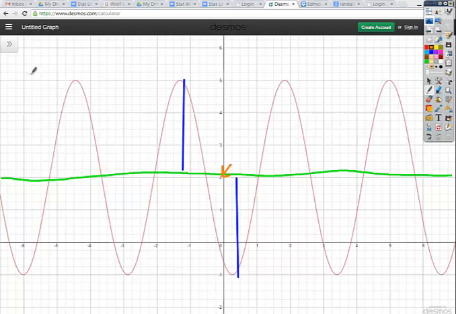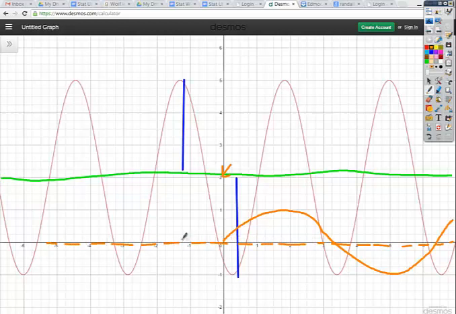Now let's think about why that is for a second. The regular sine wave goes like this, approximately. Pretty close. The center line of that function is right here on the x-axis. It's at 0.